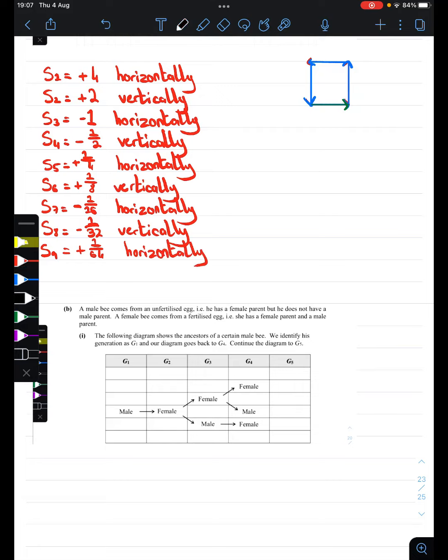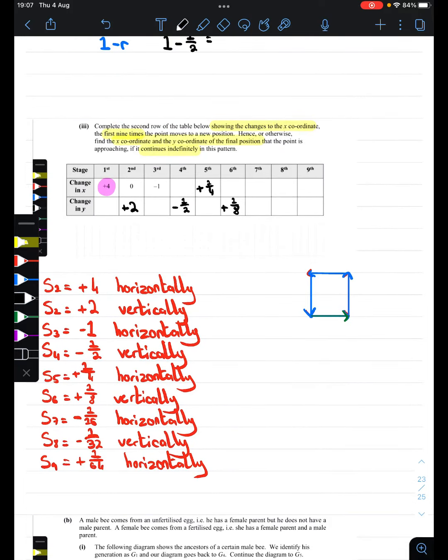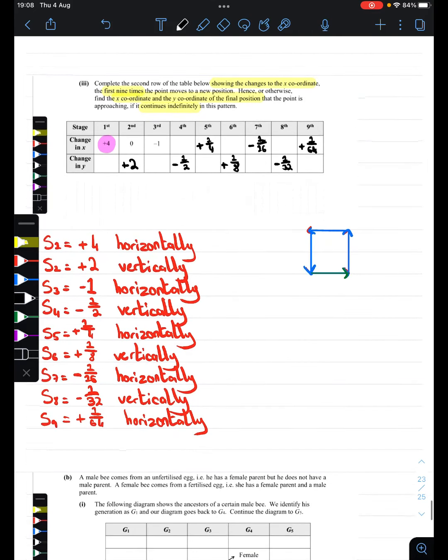So let's just fill in this table. So he goes minus 1/16, minus 1/32 and then plus 1/64, and then zeros elsewhere because if he's traveling horizontally, then he's traveling no distance vertically.